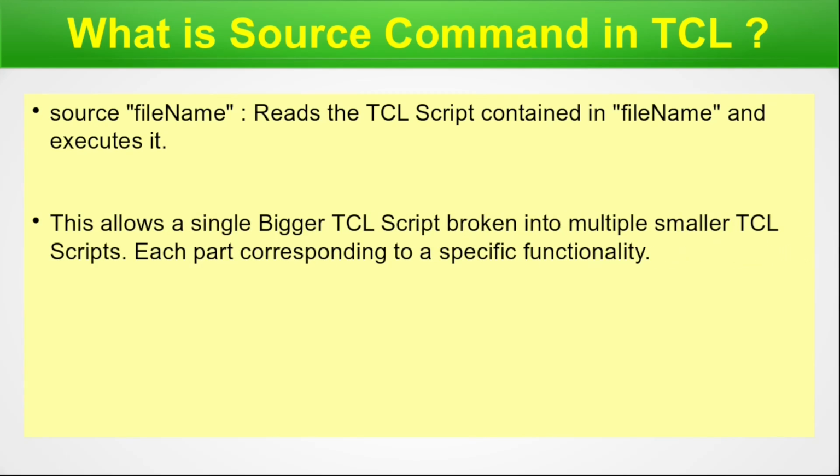This allows a single bigger TCL script to be broken into multiple smaller scripts, each part corresponding to a specific functionality. When we are talking about this point, we are thinking in terms of TCL scripting only. Say we have written a file where first we parse a file, then we do some processing on the result, then we dump an output file using the processed result. So there are 3 sections.